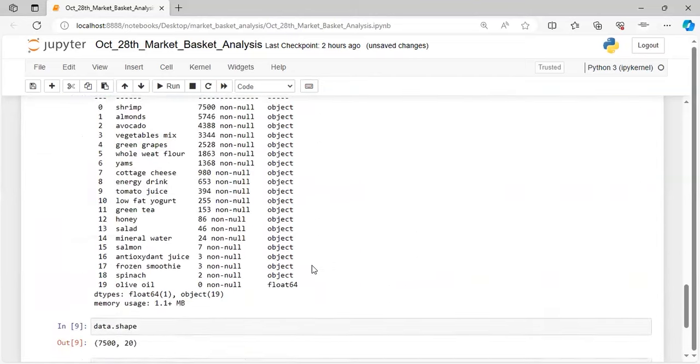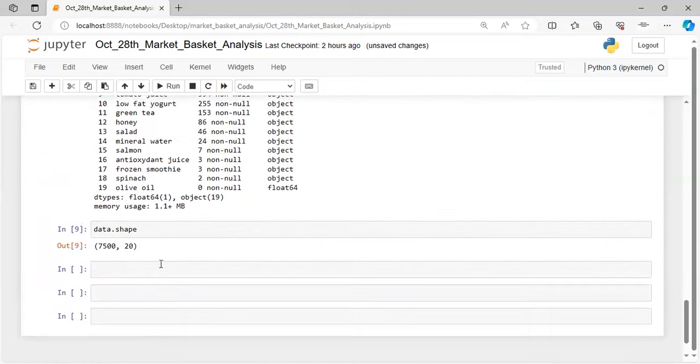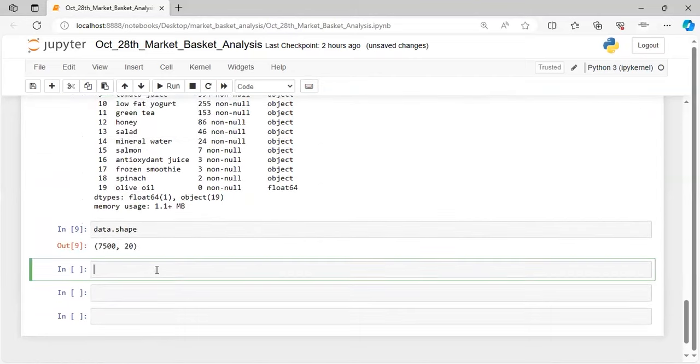So just make df equal to data.copy. You can create a copy of this also. And you are not finding this as a missing value.